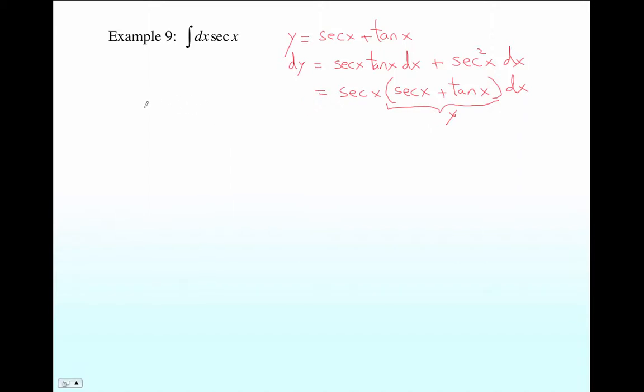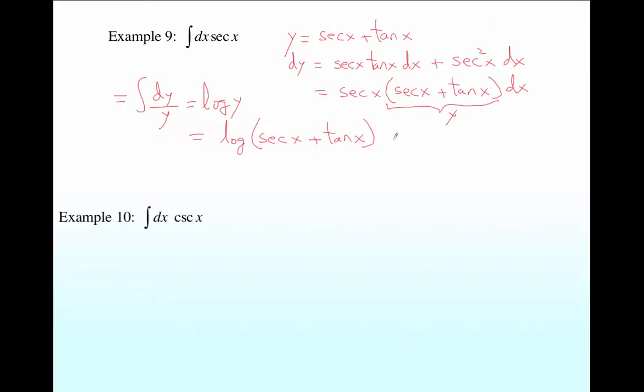And now that means the integral that we have is just dy over y, because dx times sec x, as you can see, is just dy over y, from which we get the logarithm, log of y, and by substituting y we get this final answer, log of sec x plus tan x. So it's a rather non-trivial result, but we got it so easily.